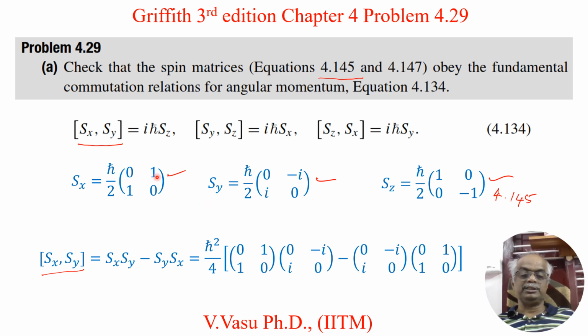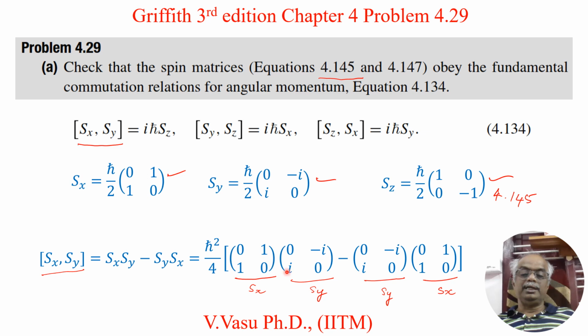This is [0, 1; 1, 0] and this is [0, −i; i, 0]. This matrix is Sx, this is Sy. Here this is Sy and this is Sx.